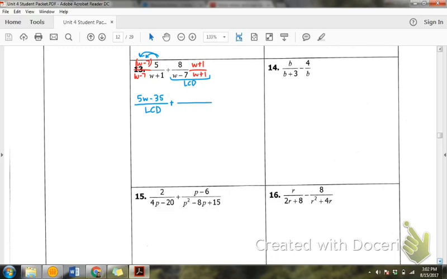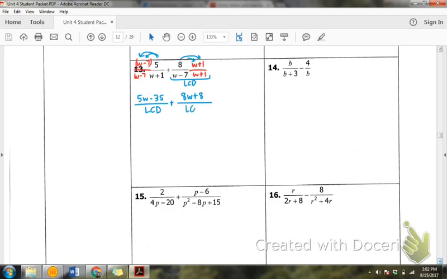What about that second group? Brooklyn, what does that second group become? Plus 1 or plus 8? Good, because you have to distribute.